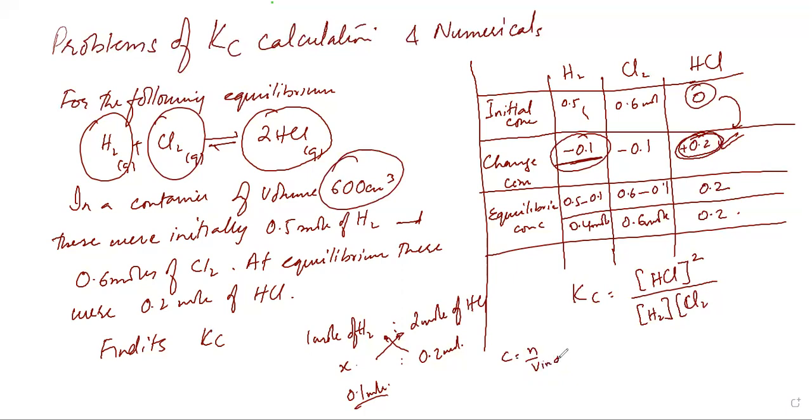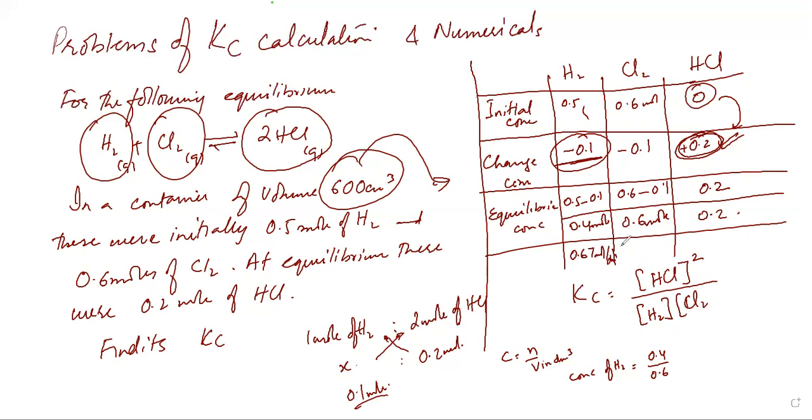So I have to take this in dm cube. So concentration of hydrogen, H2, moles of hydrogen 0.4 divided by 0.6, because if I convert this 600 cm cube into dm cube, this becomes 0.6. How much would this be? 0.67 mole per dm cube.